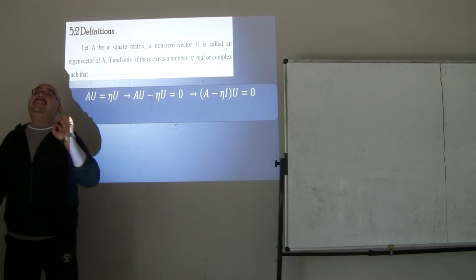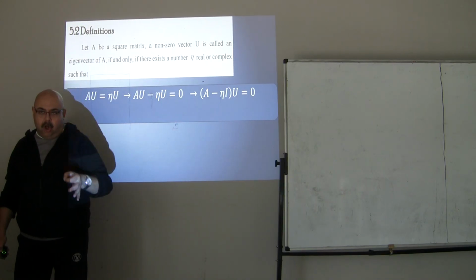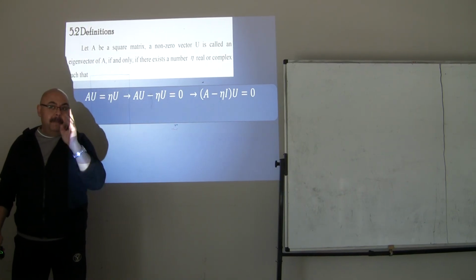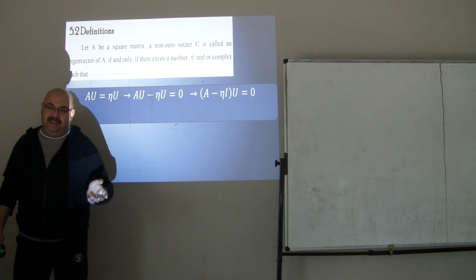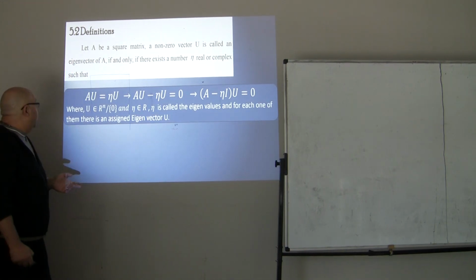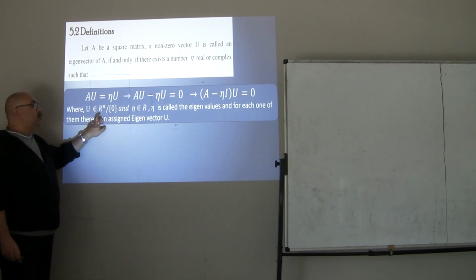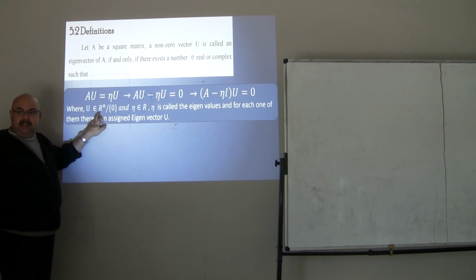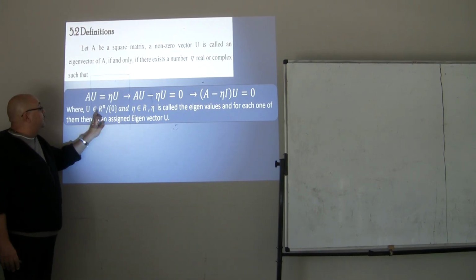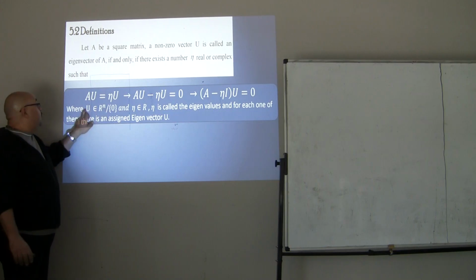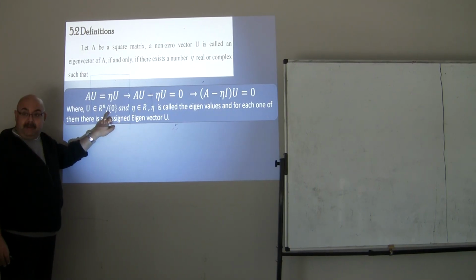And this is the system that we will depend on in order to find both the eigenvalues and the corresponding eigenvectors. Where u belongs to Rn, a vector relative to the dimension of the matrix, except 0. So u cannot equal zero, because it's going to be a trivial solution.